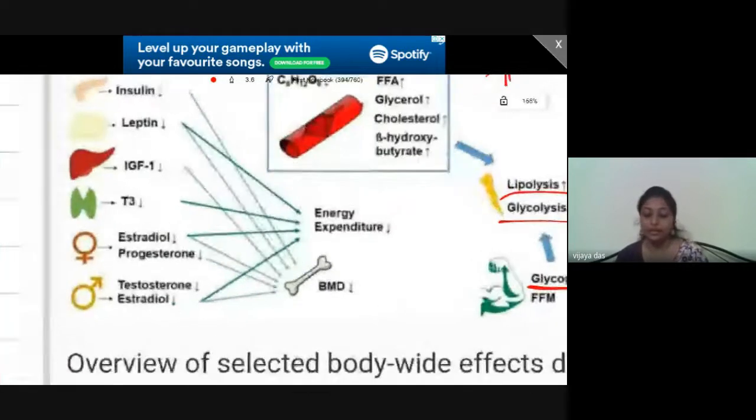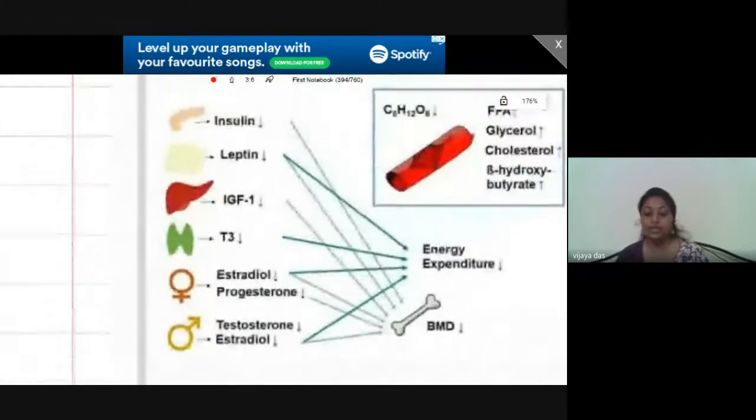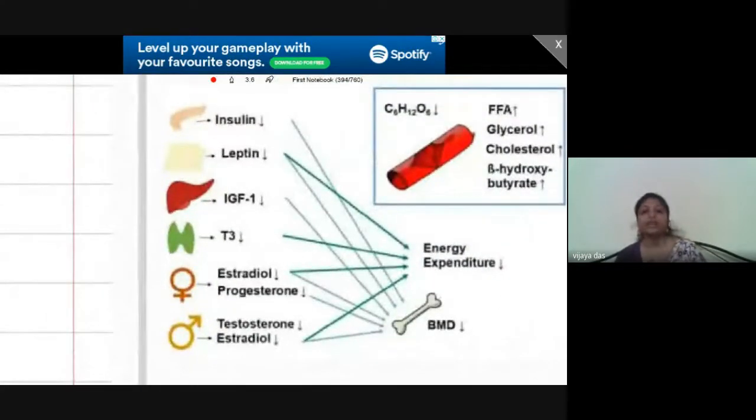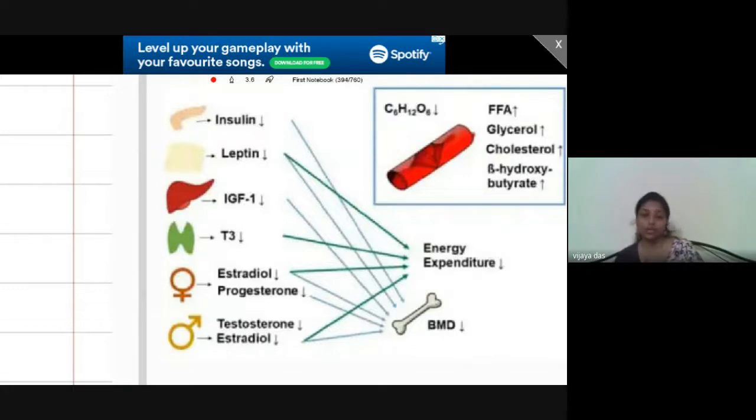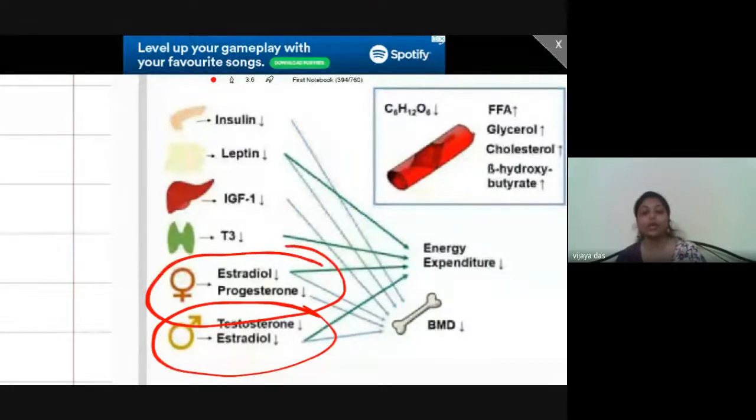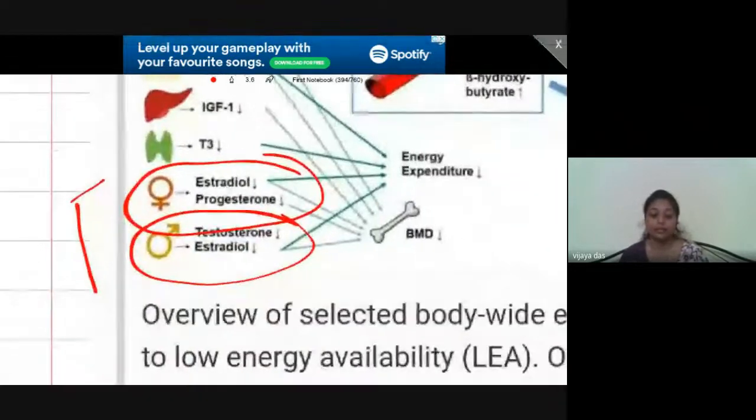But then what is the problem with this condition? It is seen that in case of athletes, if there is breakdown of glycogen, यानी कि glycogen continue breakdown हो ही जा रहा है, and the person is not taking the right amount of carbohydrate or right amount of food, then there will be decreased level of testosterone and decreased level of estradiol, that is your progesterone and estrogen, which means that it can even lead to hormonal disbalance.